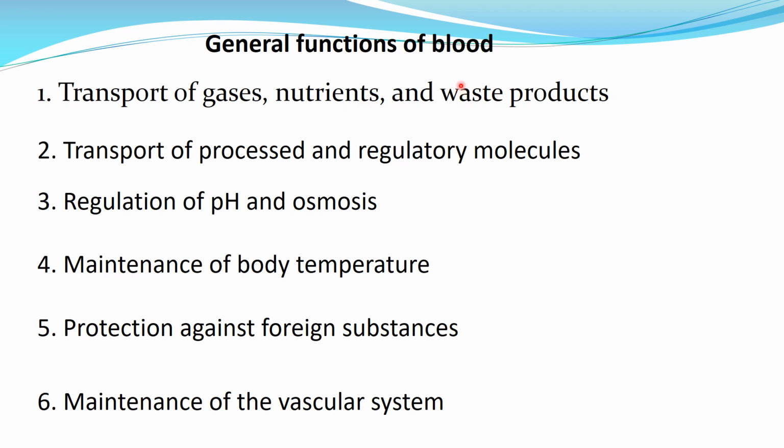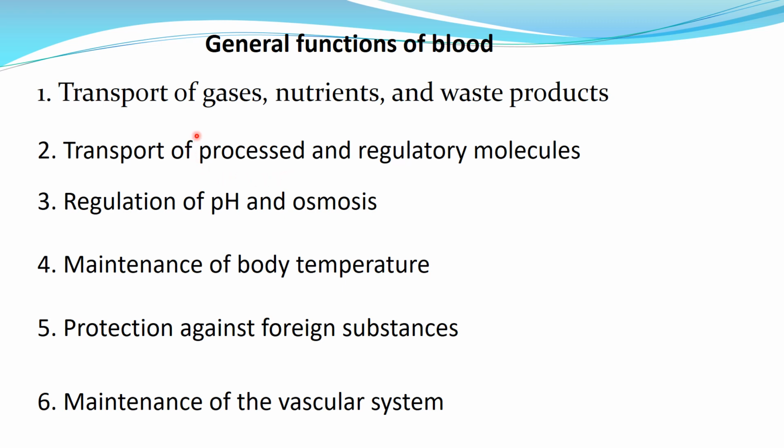And from the tissues, it can return back the formed waste products into the different tissues, including the kidneys, liver, and the other organs to be eliminated. Then the second property is the transport of the processed and regulatory molecules.